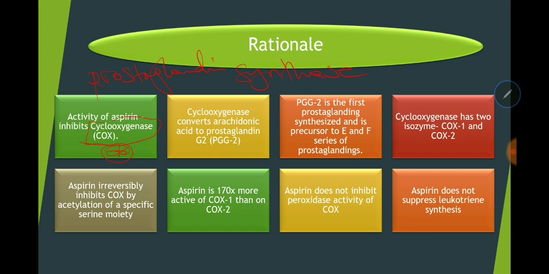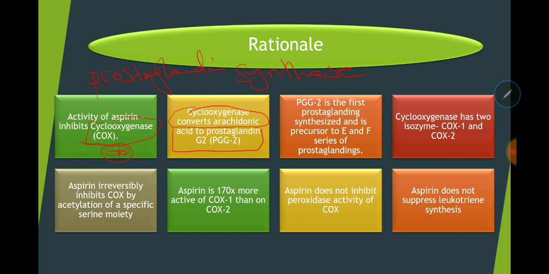The function of cyclooxygenase usually is to convert arachidonic acid to prostaglandin. And arachidonic acid is a phospholipid, which is produced when the cell membrane breaks down, so it's a product of cell membrane breakdown.